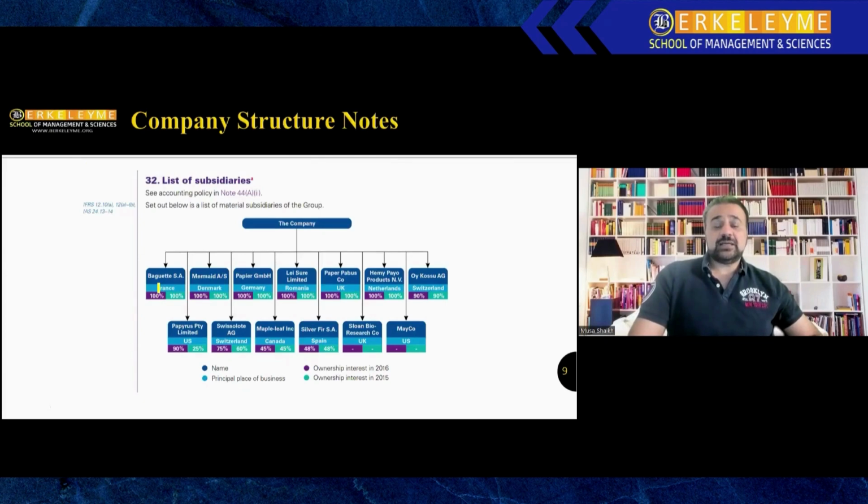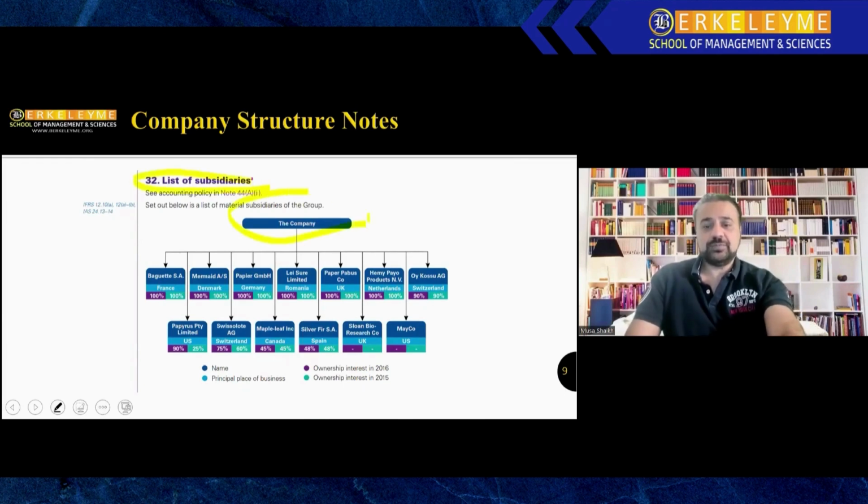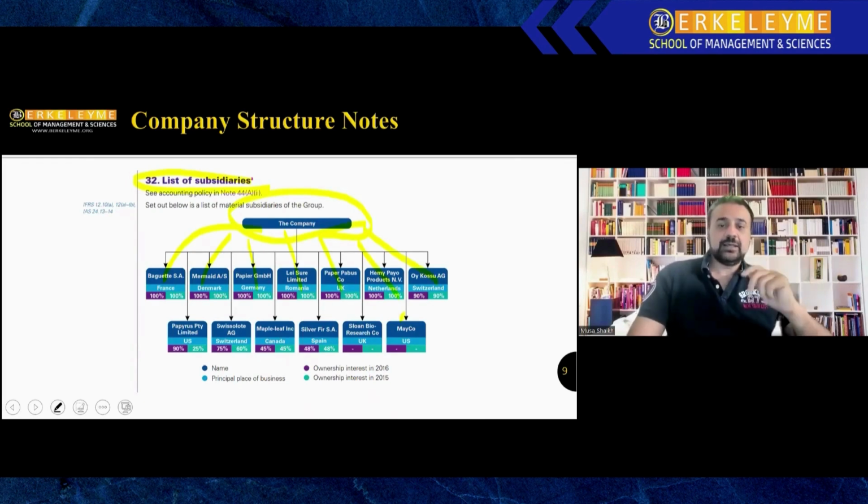Now, I made a format for you to understand how the subsidiaries work. You are a group of companies, you have different subsidiaries in different parts of the world, like Nestle is working in Switzerland, in Dubai, in Saudi Arabia, and in other countries. So these are different branches they have.